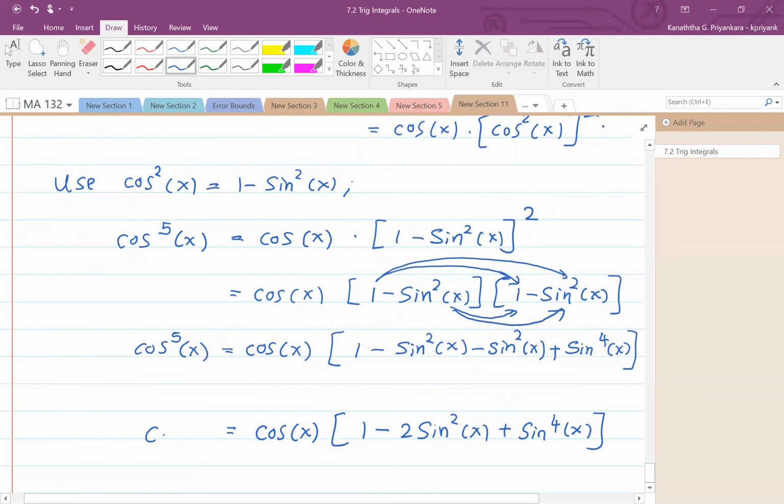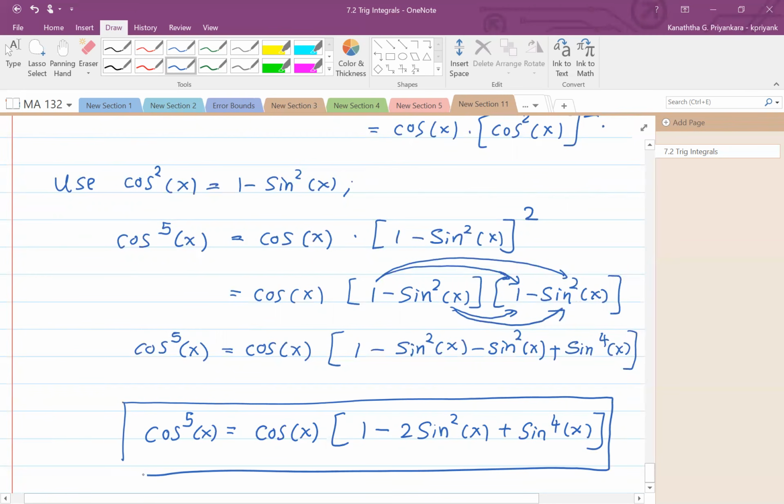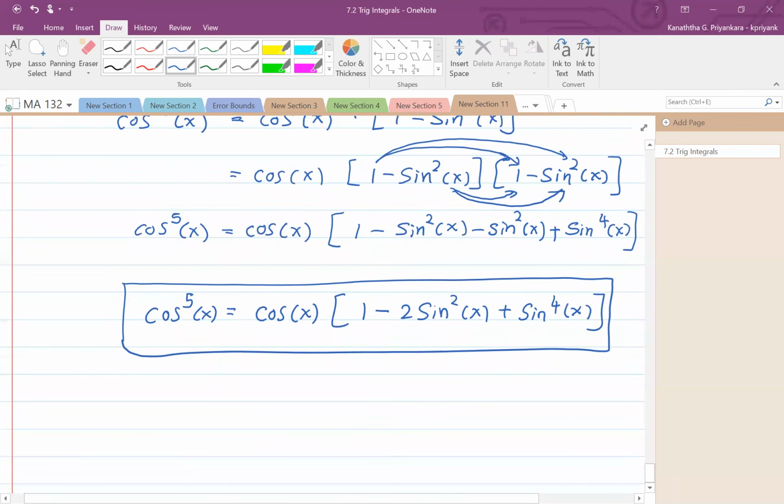So that would be cosine 5x. So I'm going to use this. So then we can substitute into our integral sine squared x cosine to the power 5x dx.